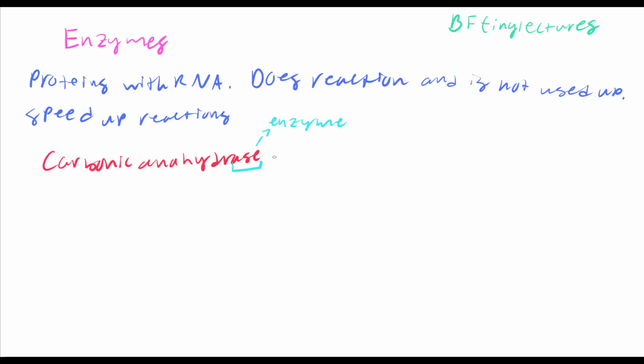If you didn't have carbonic anhydrase, the reaction would occur very, very slowly, and this actually increases the rate by 10 to the 7th. Okay, so that's a lot. It's going to be incredibly faster with an enzyme.